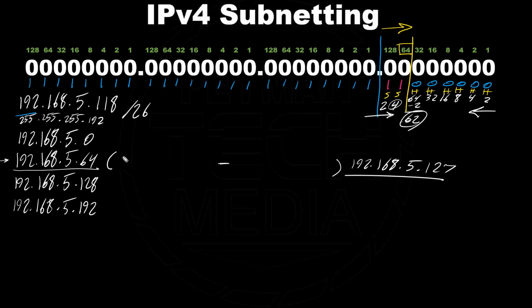Therefore it would be 192.168.5.65, because .64 is the network address. .65 is the first available IP address. Then it goes to 192.168.5.126, one less than the broadcast. So these are the available IP addresses for this subnet.